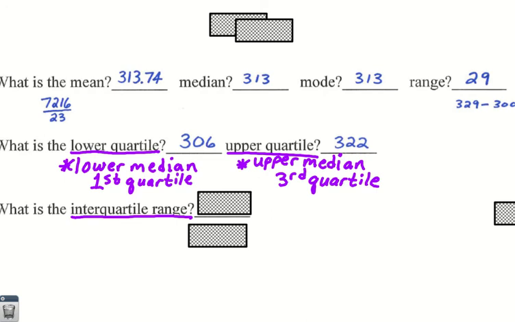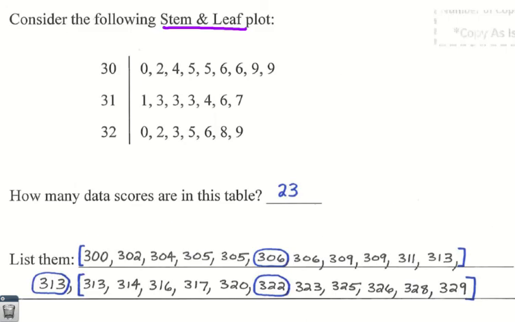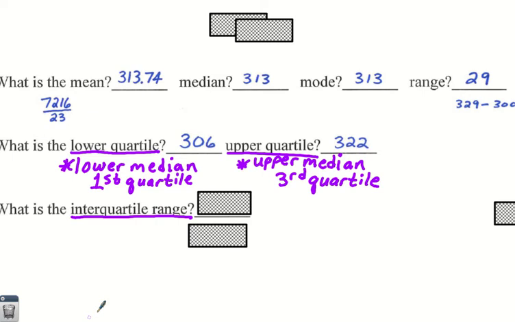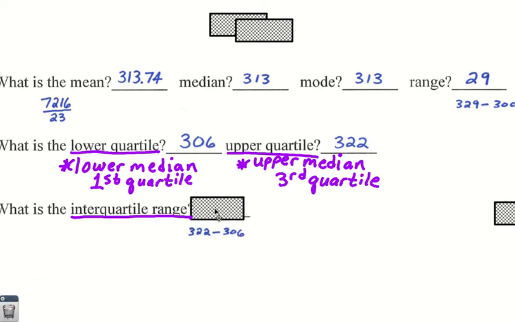And to cut to the chase, to find the interquartile range, we're going to subtract these two numbers, the lower quartile and the upper quartile. So it is like a range, but we're not going to subtract the numbers we did here.